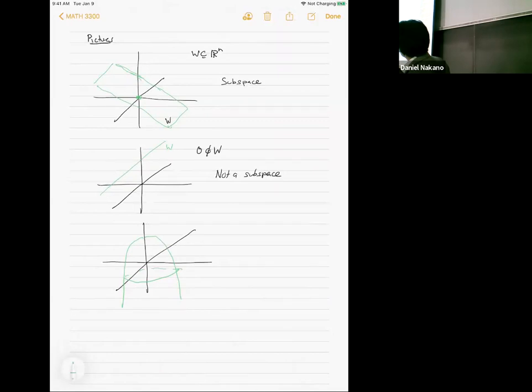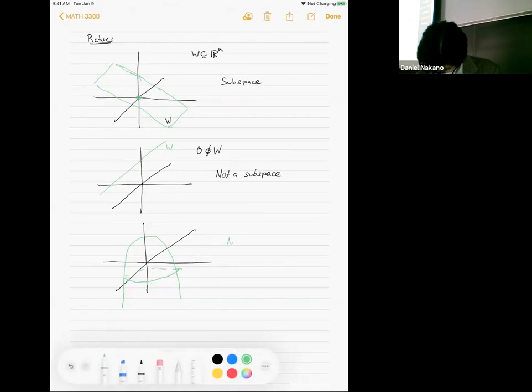And if I take two vectors which are on this paraboloid, then if I take the sum of them, they do not stay on the paraboloid. So this is again not a subspace.